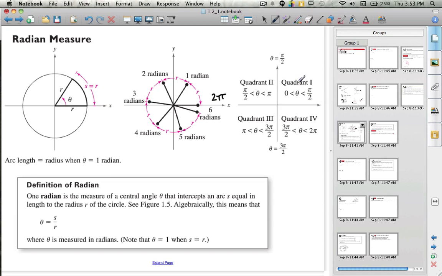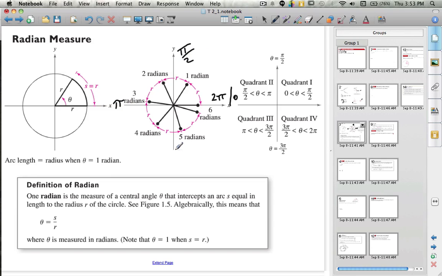When we talk about quadrants, when we're talking about radians, because this is 2 pi, all the way around the circle is 2 pi. So this location is 2 pi and it's also 0. If I go halfway around, this would be pi because it's half of 2 pi. If I go halfway to the other side, that's half of pi, which is pi over 2.